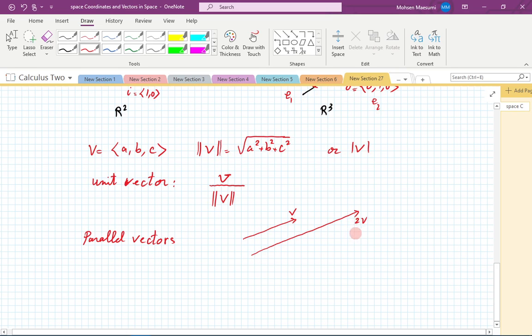Except notice that if you also multiply by a negative number, as far as our text is concerned, these are all considered to be parallel vectors, minus 2V. So these two are in the same direction, and these two are in opposite direction, but all of them are considered to be parallel to each other. These are all parallel vectors.